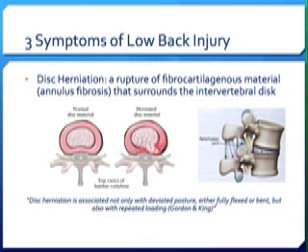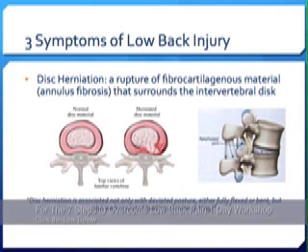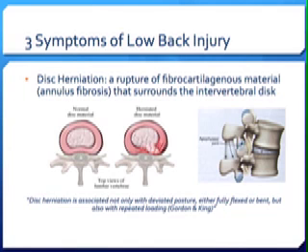So the key to preventing lower back pain is creating a body that is aligned and symmetrical, not only in the joints but also in the muscles of the body as well. If we are preventing a disc herniation, we need to be able to do that.